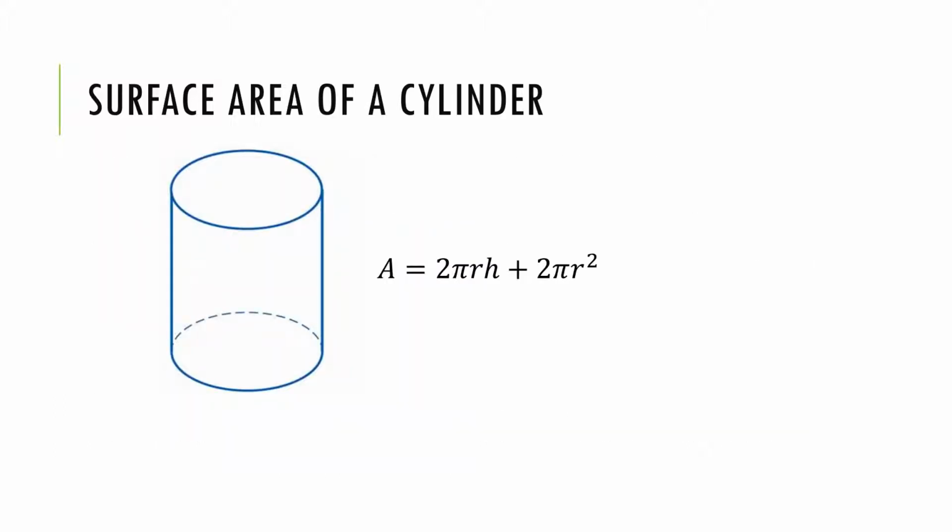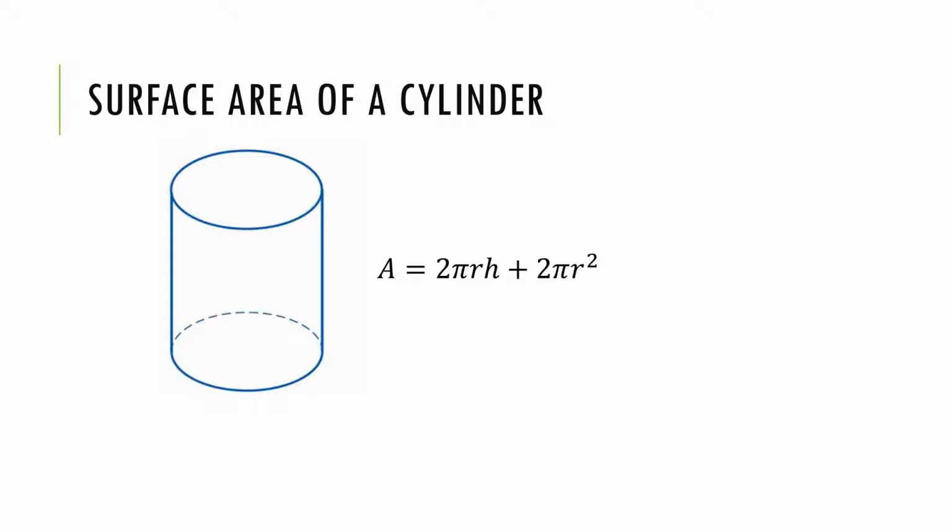Here's the formula for the surface area of a cylinder. One of my students explained it this way, and I think this is a good explanation. What this means is, if you were covering the entire cylinder with wallpaper, this is how much wallpaper you would need. So that's what the surface area is going to tell you.